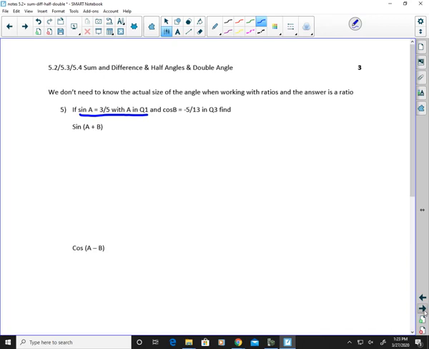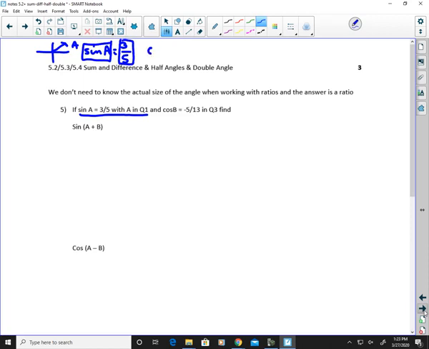So based on that information right there, I'll write it at the top, that we know that A is in quadrant 1. We know that sine A is 3 over 5. And if you had cards, I would have you write on one side sine A, and on the other side 3/5.